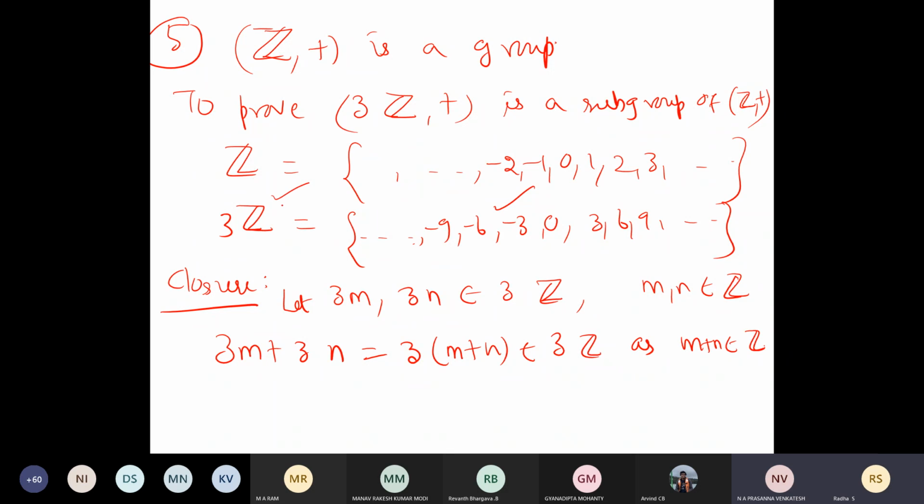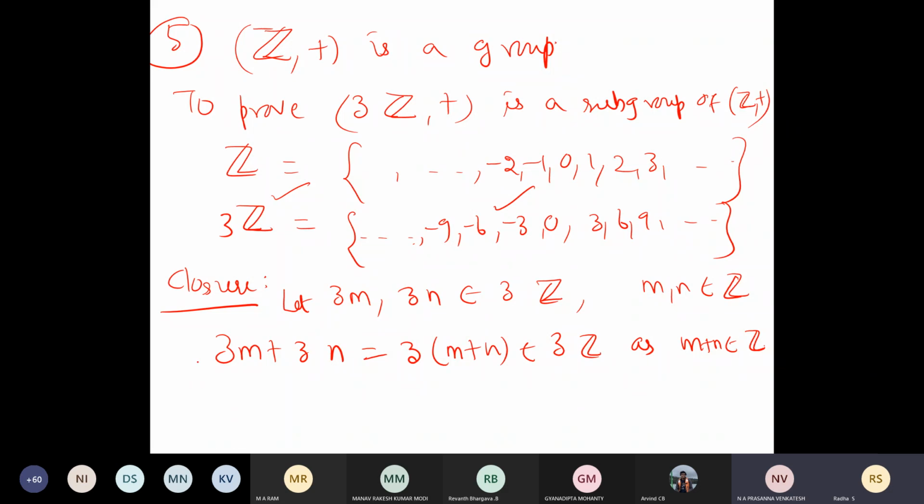Because every element of 3Z is of the form 3 times an element of Z. So if m and n are from Z, m plus n is also there in Z, so 3 times (m plus n) will obviously be there in 3Z.